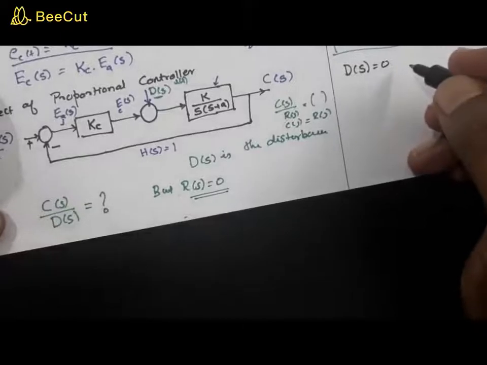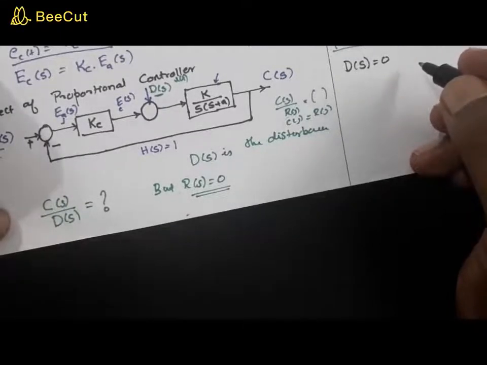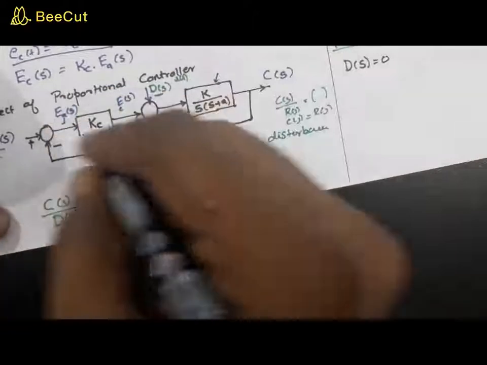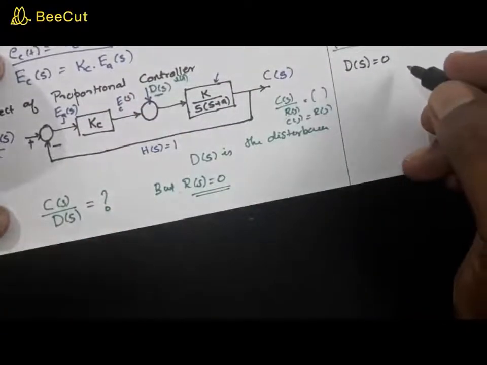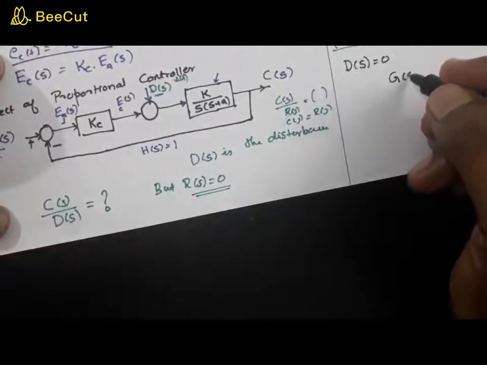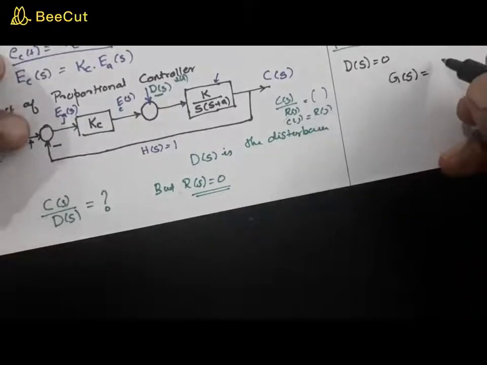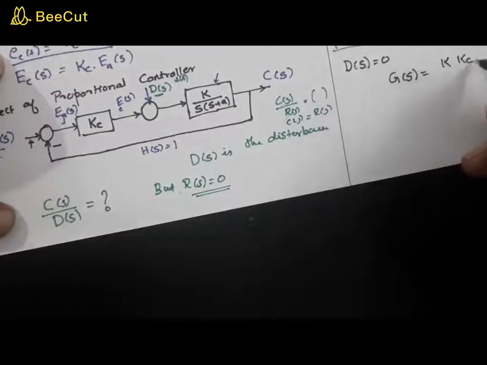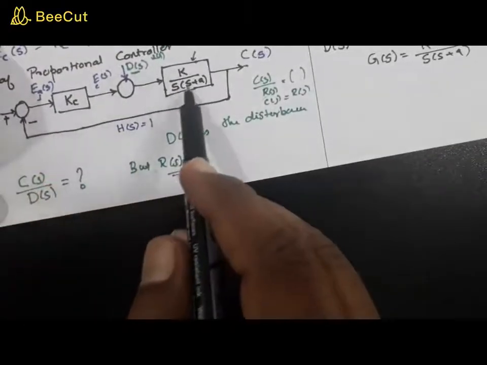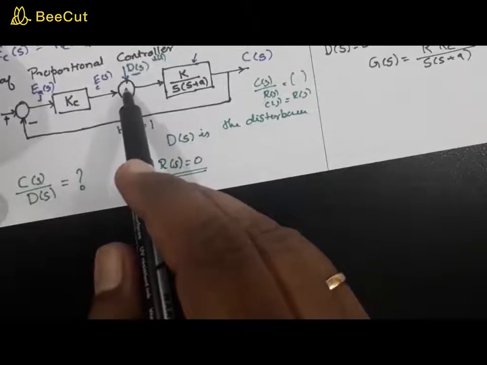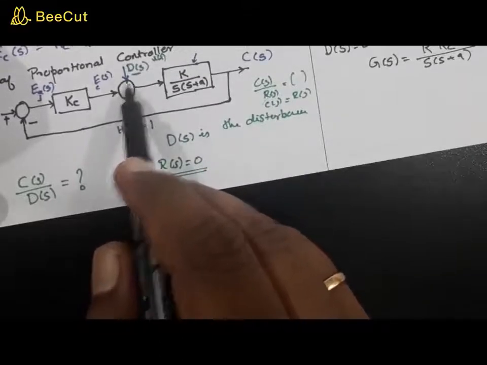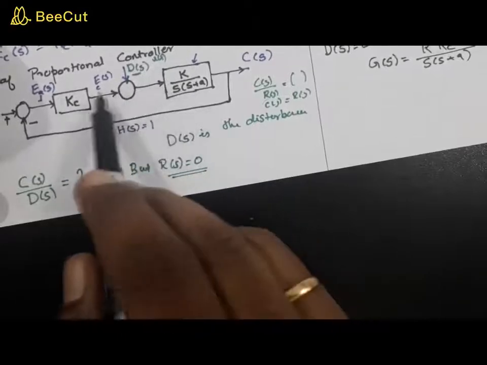So you will be able to get the transfer function. Your g of s will be equal to k into kc divided by s into s plus a, right? Since d of s is 0, this summer has no value, so you can just short this.